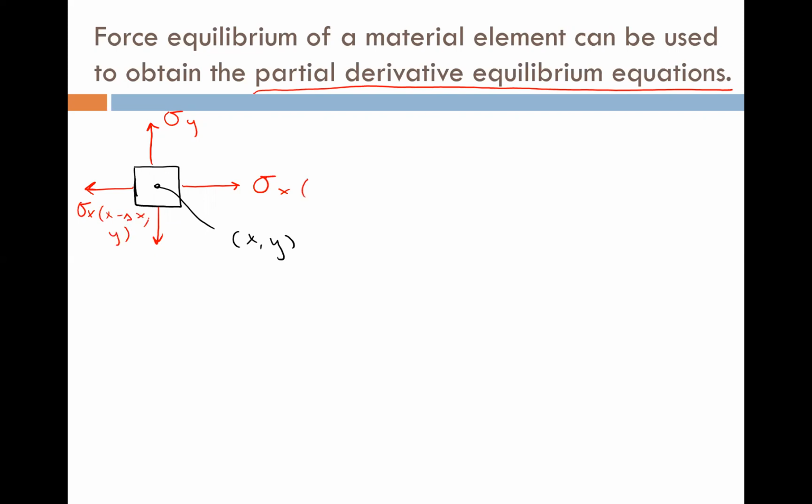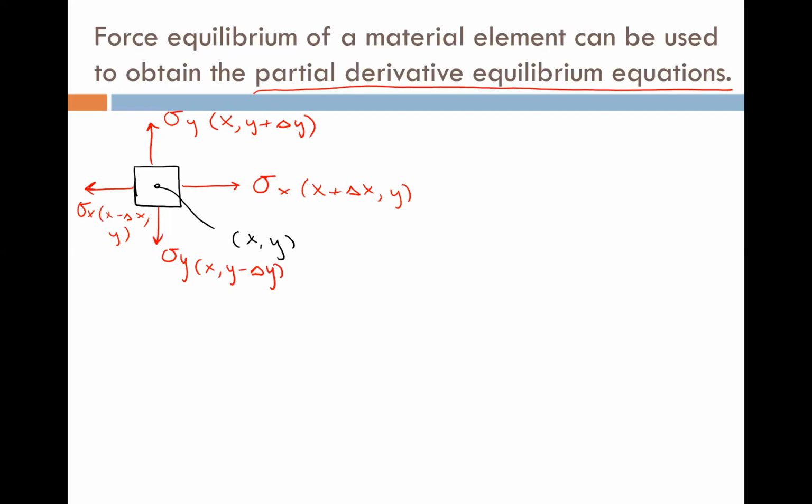And over here, we have sigma x at x plus delta x, comma y. And up here, we have sigma y at x, comma y plus delta y. And down here, we have sigma y at x, comma y minus delta y.